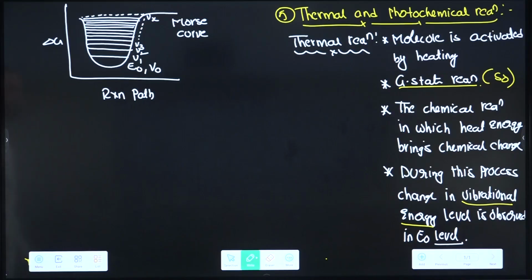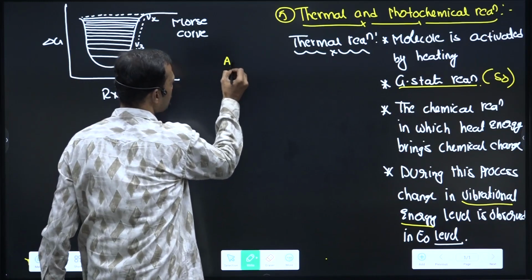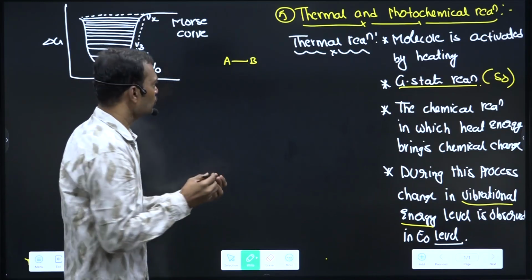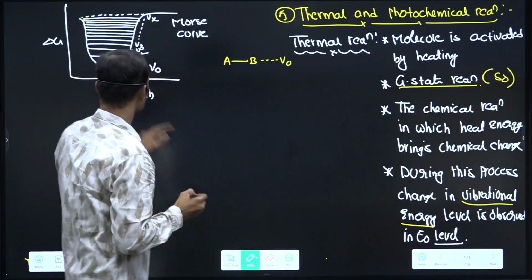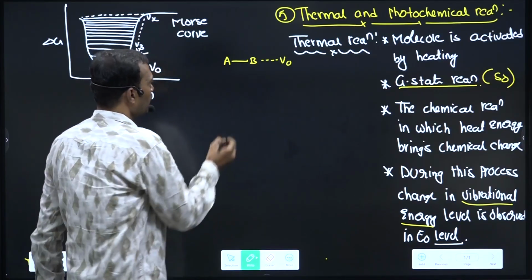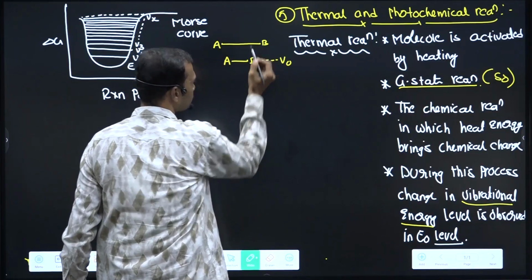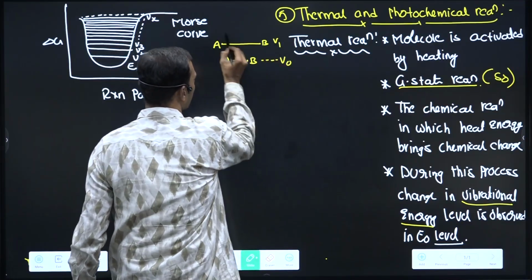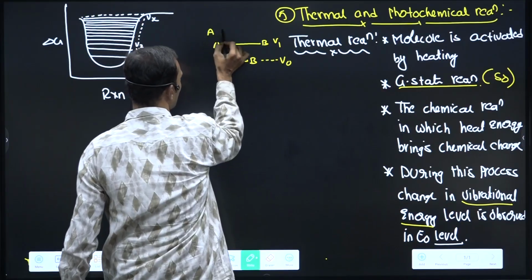So first what happens, see, I am taking a molecule of AB. This is normal AB. I assume this as the V0 state, E0, V0. Now I give heat energy. When heat energy is given, what happens? It may undergo expansion. Then this is the state of V1. Then I give some more heat energy. If I give some more heat energy, what happens?